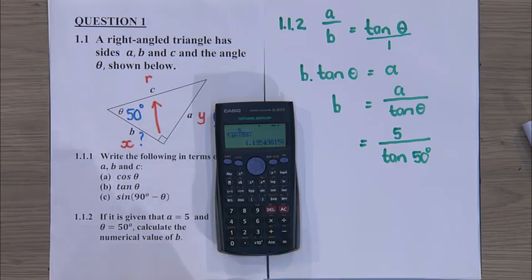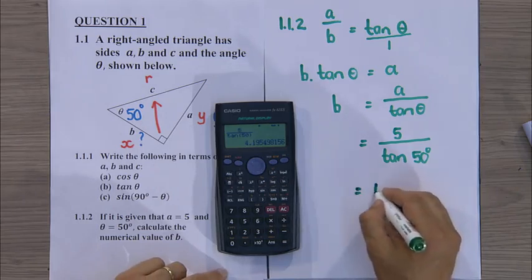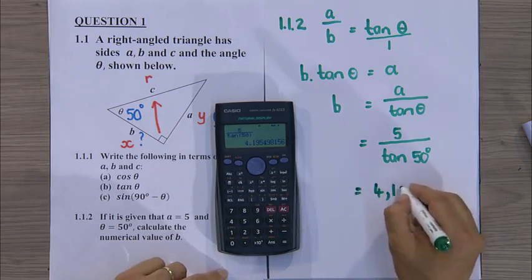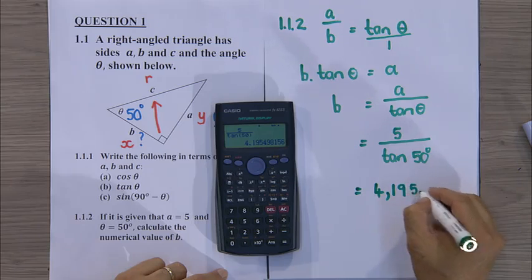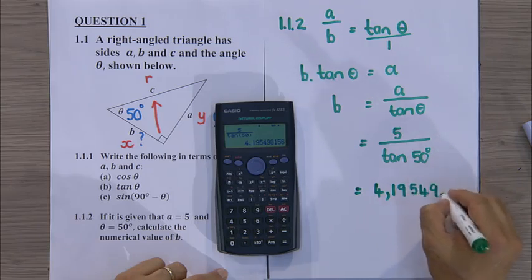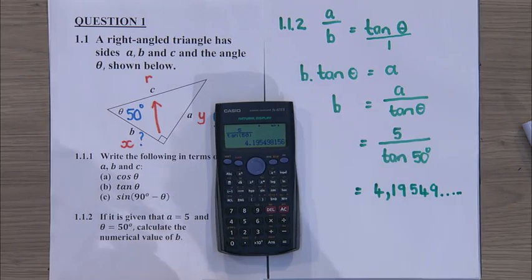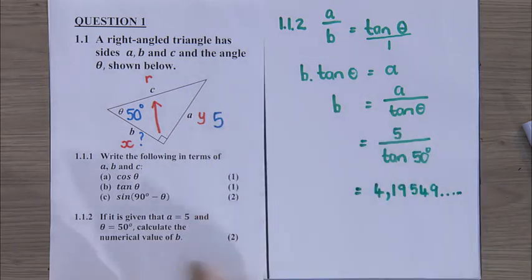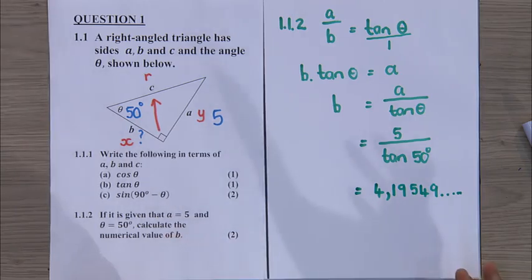And if you press the equal to sign, you will see the answer is given as 4,19549, and I can go on. But it's always advisable. They sometimes will tell you one decimal place or two decimal places.